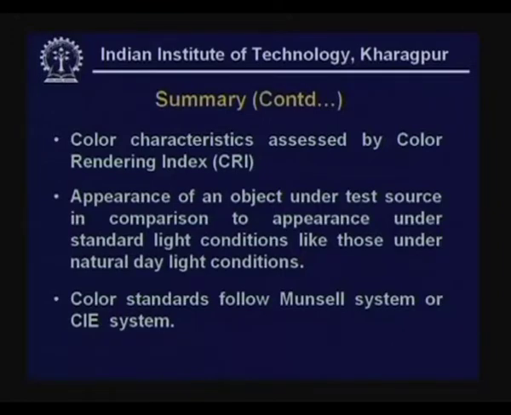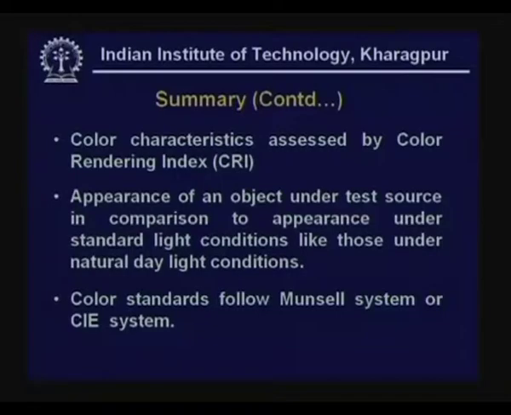In fact, based on color temperature, the color appearance has been classified into three categories: blue, white and red. The standard systems followed are the Munsell charts and the CIE system, which follows a chromaticity triangle. The Munsell system is a three-dimensional one where hue, value and chroma are specified, and a book of colors consisting of charts with color chips is used.